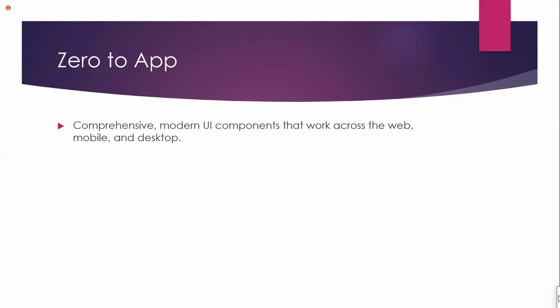Modern UI components means, suppose I want a calendar, you have a ready-made calendar component. I want a slider, you have a ready-made slider. I want a card, I have a card. I have tab controls, ready-made. I want a navigation bar, we have ready-made navigation bars. So the point is, it has ready-made components.